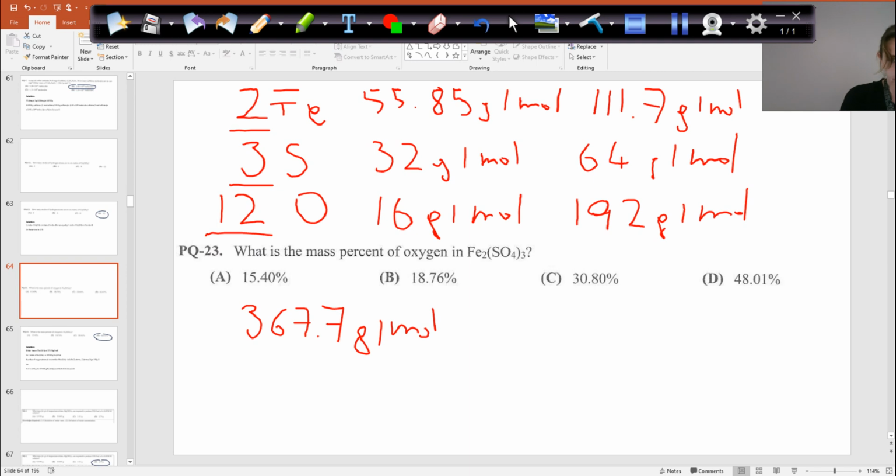I think I added up something wrong. Yes, I got the molar mass wrong. Wait a second. 192 plus. Oh, because it's times 3. Darn it, I multiplied by 2. Thank you. That's what I was missing. Okay. Wait, let me erase this one too.